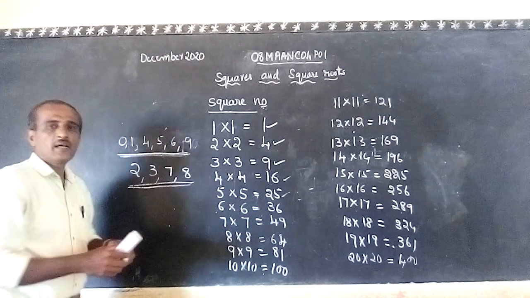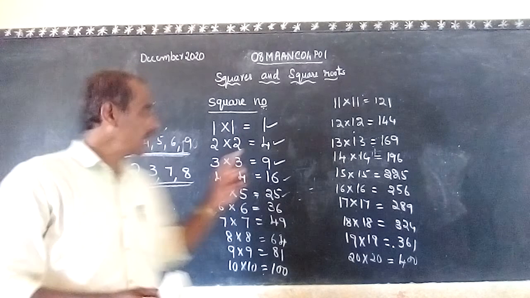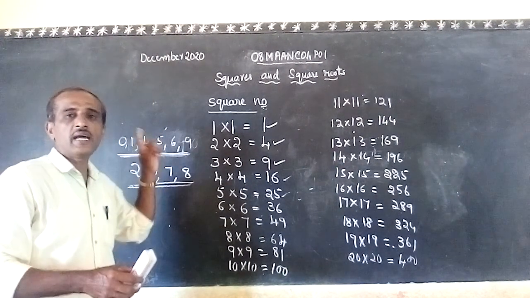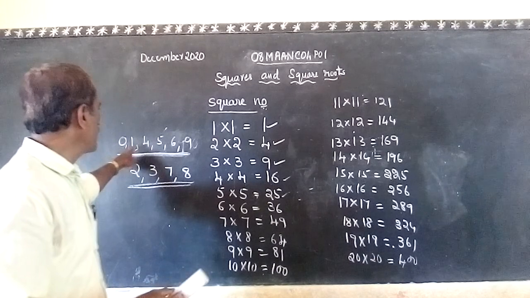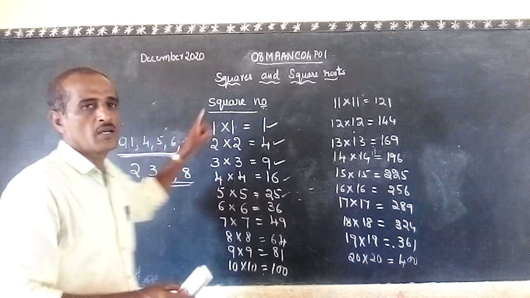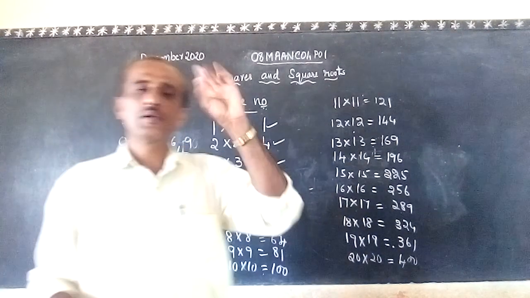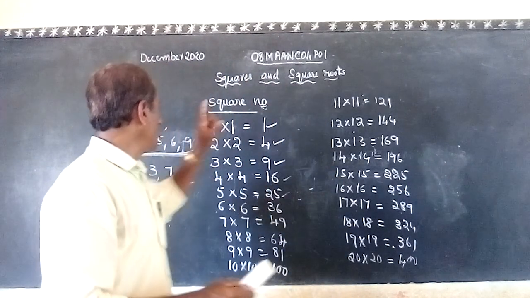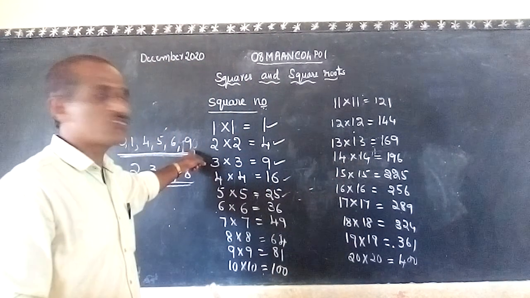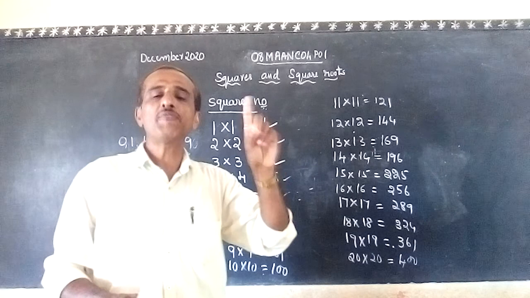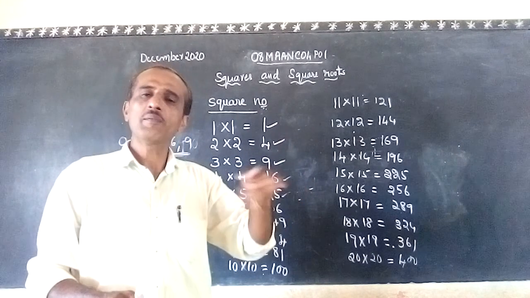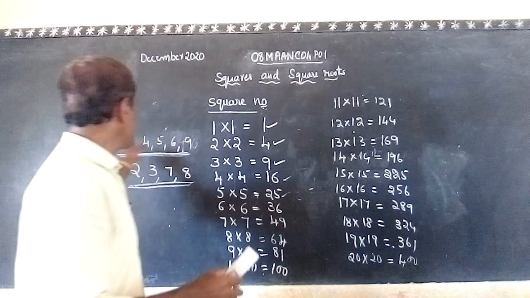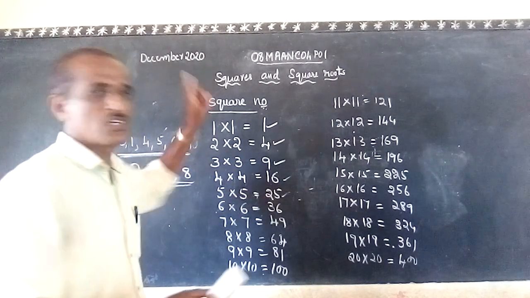Perfect squares do not end with 2, 3, 7 and 8. They end with only 0, 1, 4, 5, 6, 9. So if you see a number that ends with these 6 digits, it may or may not be a perfect square, but a perfect square must end with these 6 digits.